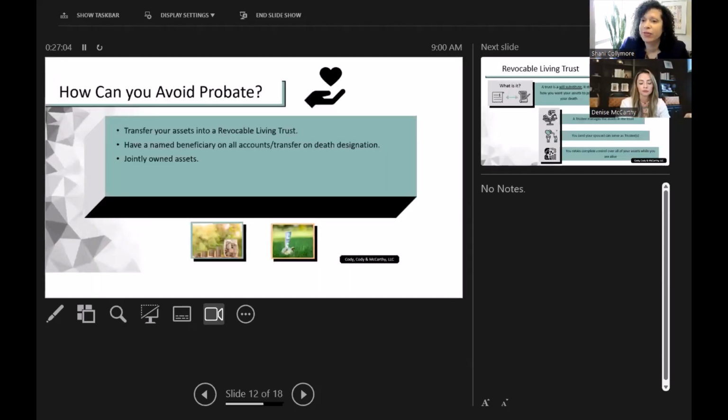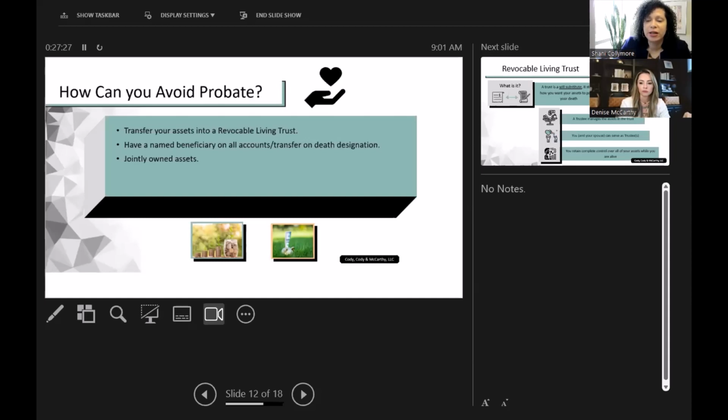Okay, so that's the general probate process and how that works to administer your property. One other thing I want to point out is that probate assets, like I said before, are just assets in your name without a beneficiary, not a joint owner.